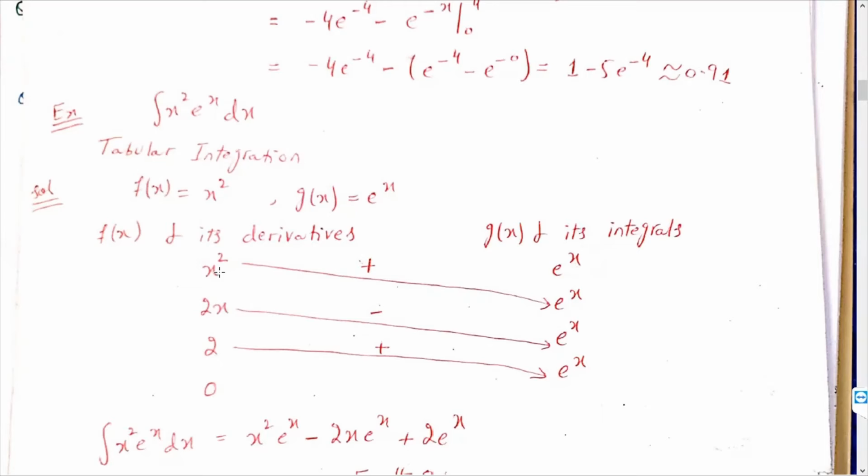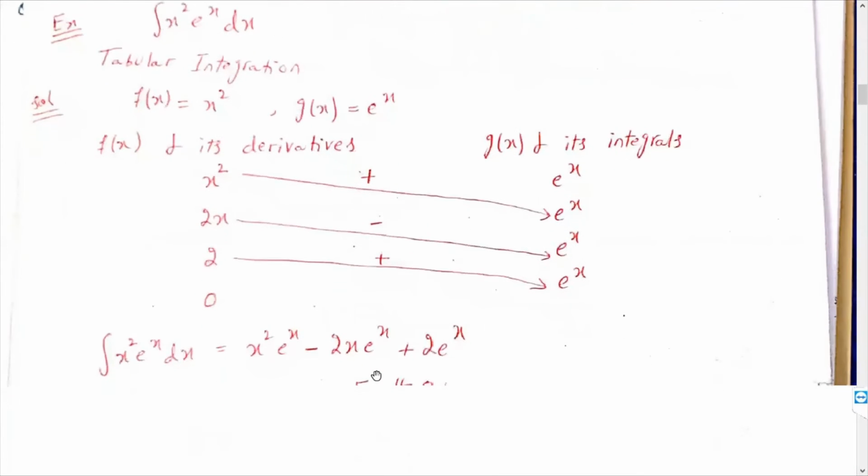So the derivative of x square is 2x. Integral of e raised to the power x is e raised to the power x. Derivative of 2x is 2. Integral of e raised to the power x is e raised to the power x. Now derivative of 2 is 0 and integral is e raised to the power x. Now pairing them. After doing pairing, apply the alternate signs, we get this answer.